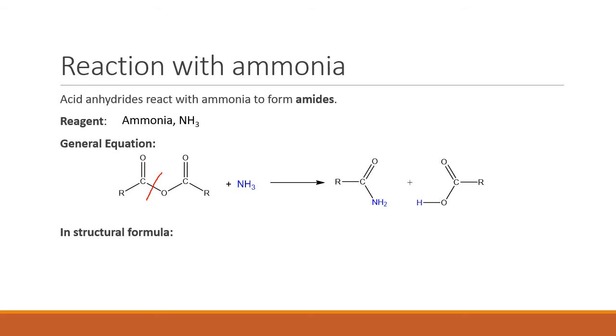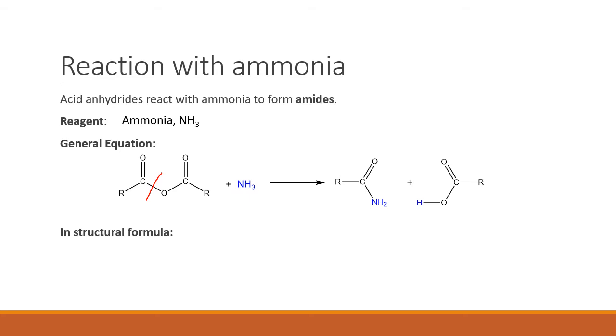The remaining H ends up on the other half. This half is getting the remaining H, and so we've got our amide structure here and a carboxylic acid. You will always get a carboxylic acid as a second product in the reactions of acid anhydrides.